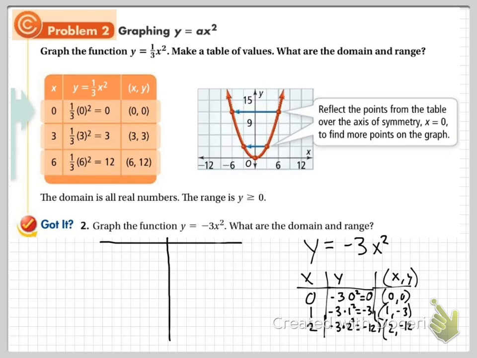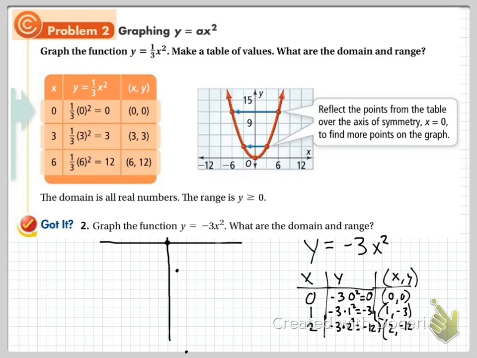So let me graph those. 0, 0, 1, -3, 2, -12. So 2, let's see, 1, 2, 3, 4, 5, 6, 7, 8, 9, 10, 11, 12. Okay, and then I'm going to use my y-axis there. That's my axis of symmetry, right? Our vertex lies on that.